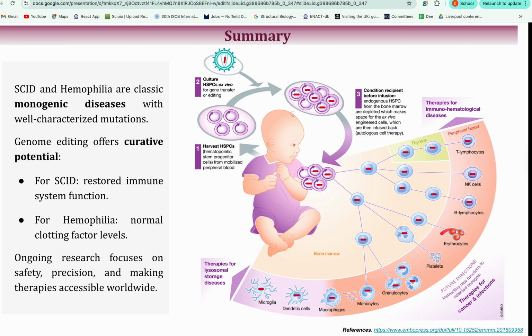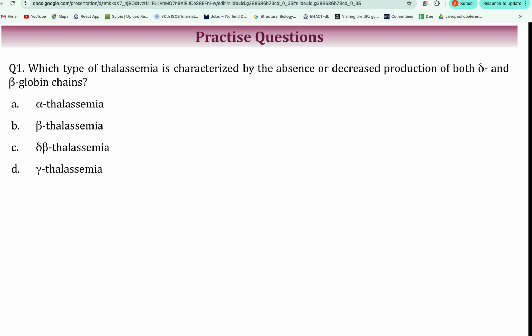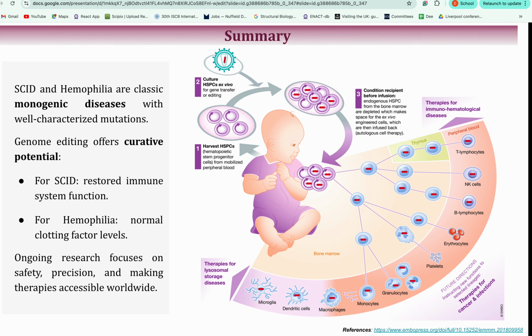Along with this, they can also give rise to erythrocytes, platelets, granulocytes, and monocytes, all of which are responsible for the proper functioning of the immune cells and proper showcasing of the immune response.